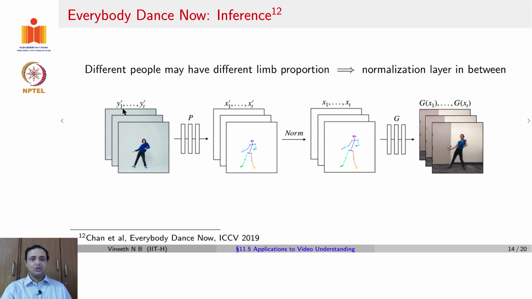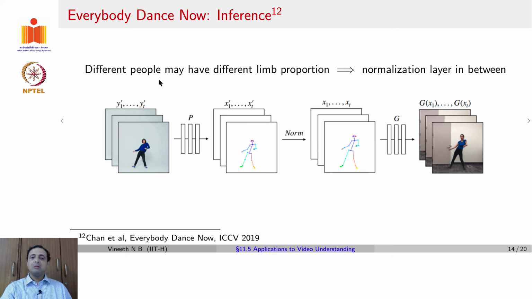in this case you have Y1 prime to YT prime, which are the video frames of a source person, a professional dancer. So the pose of the professional dancer is obtained to get X1 prime to XT prime. Since this has to be overlaid on the target person's pose, this is normalized to get the pose information in the dimensions of the person that's being considered.